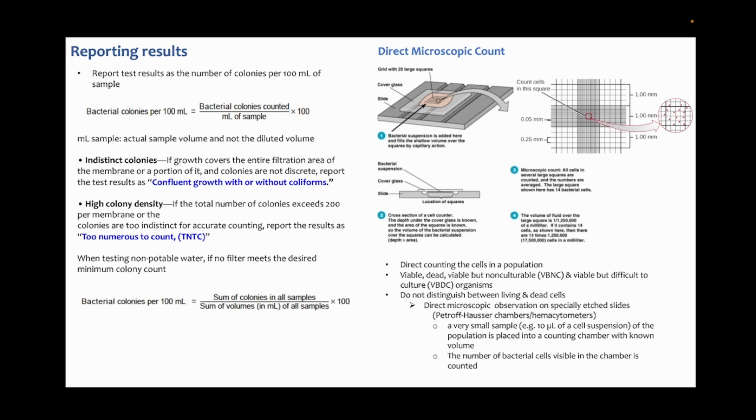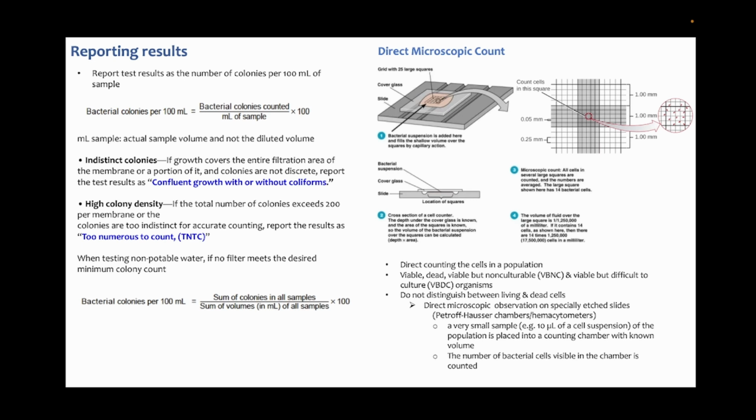So this depends on the type of hemocytometer you use. But every hemocytometer will have its specifications. So you must make sure you know. You read first before you use it, so that you know what is the volume here. Which means if you know the volume, and when you look under microscope, if you count the bacteria within the grid, you'll know the number of cells per volume of sample.